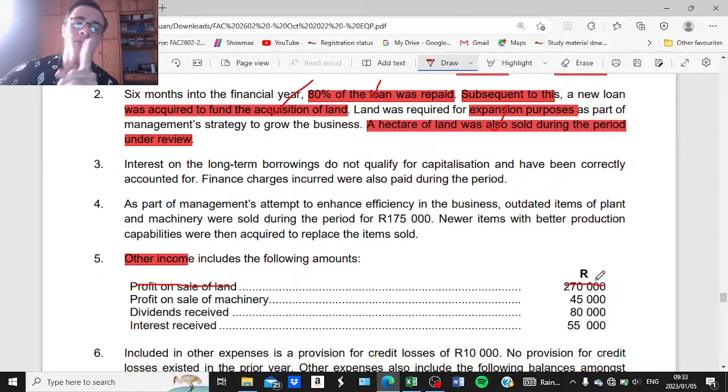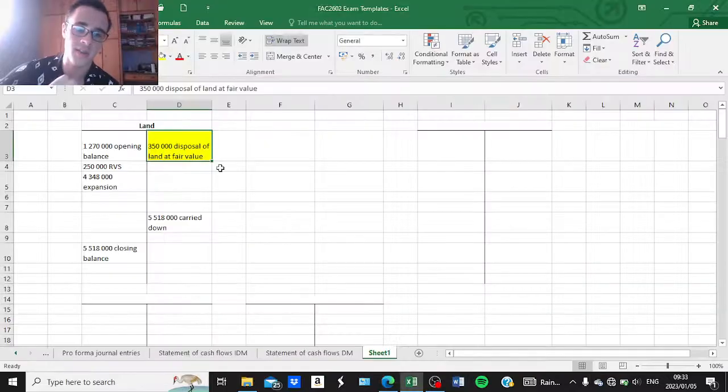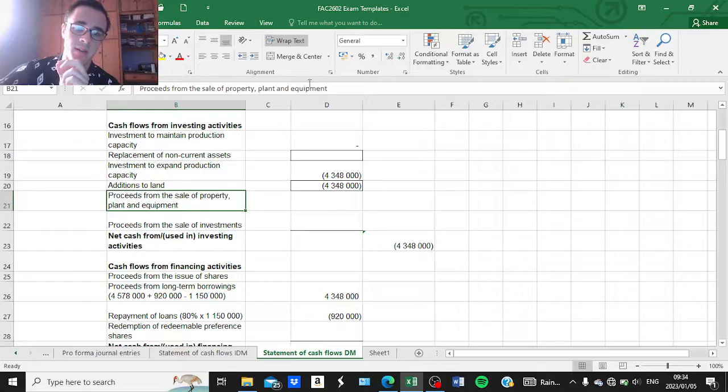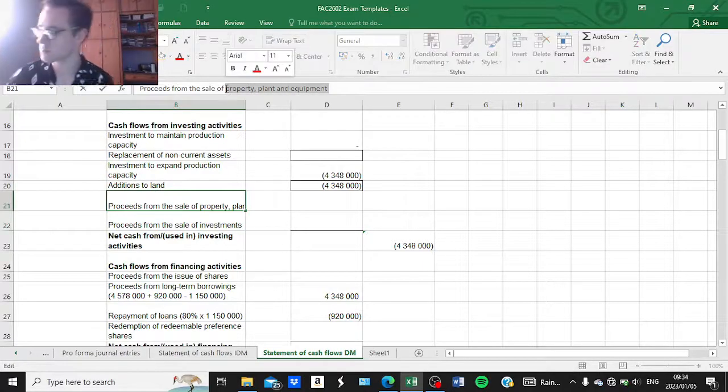So this amount must be added to the 350,000 in order to calculate the proceeds on sale. That will be the amount that was received for that particular land, and we will show that in our investing activities section as well, the proceeds from the sale of land.